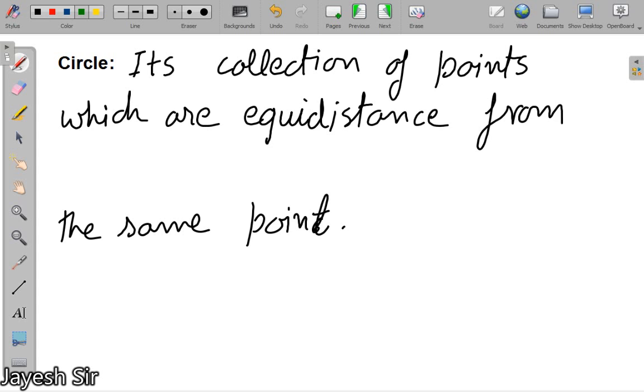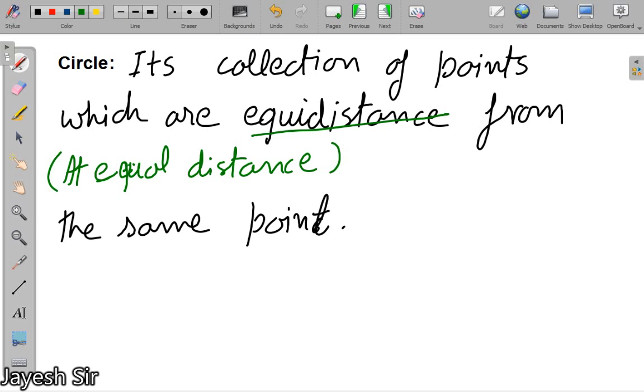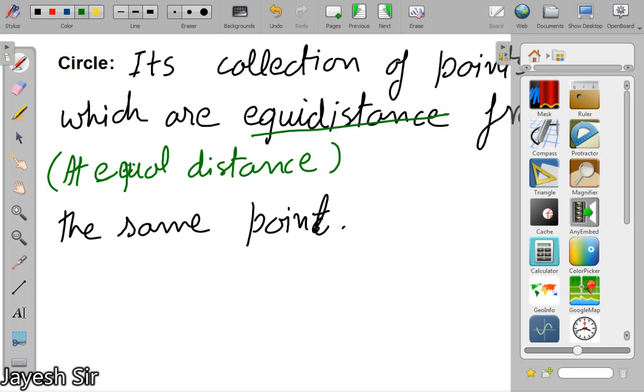Here the word equidistance means at equal distance. Okay, let me draw a circle for you.